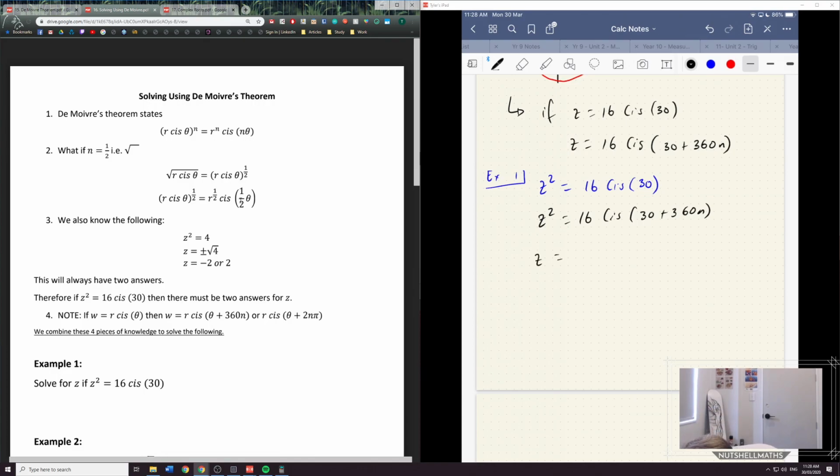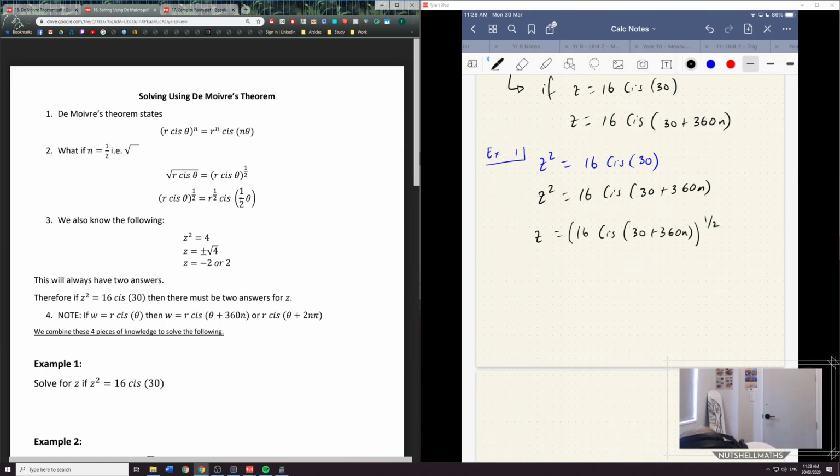So now z equals, I'm going to go nice and slow, all to the power of a half. You happy with that? And now we can work through this problem. Well, this 16 becomes a 4 like we had before.